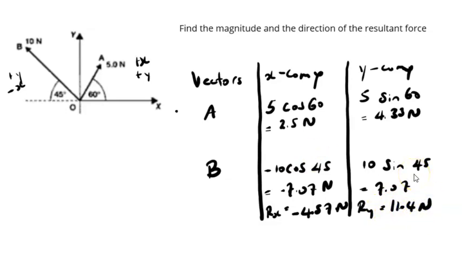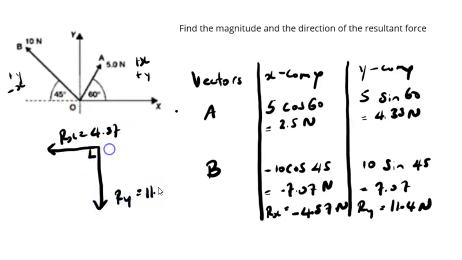Now what happened here is that we have two forces. I have a force going this way, which is Rx, equal to 4.57, and then I have another force at right angles, Ry, which is 11.4.